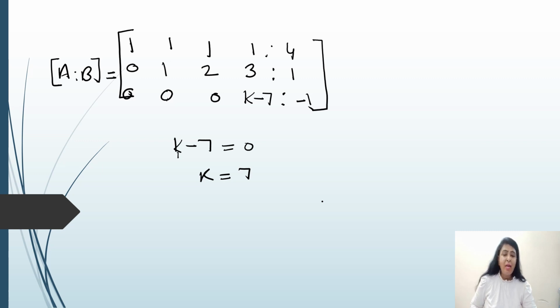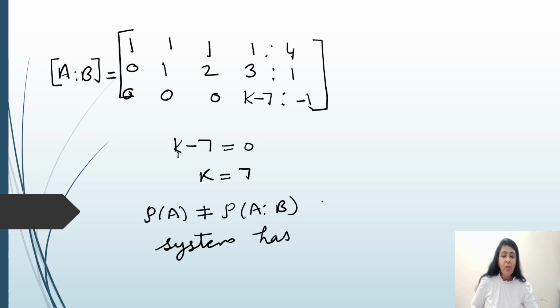So for k is equal to 7, rank of A is not equal to rank of the augmented matrix. This means the system has no solution for k is equal to 7. Clear? So this is the value of k.